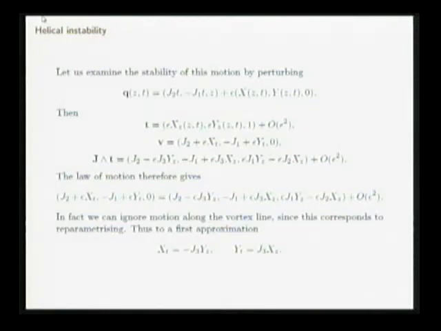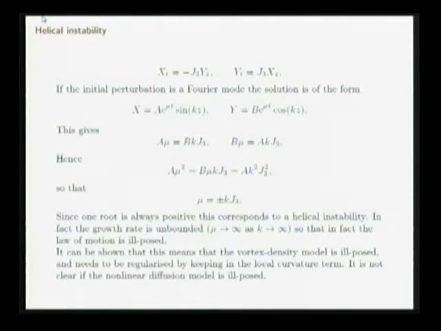And what I find is x_t is minus j3 y_z, and y_t is j3 x_z. So I get a pair of equations for x and y.